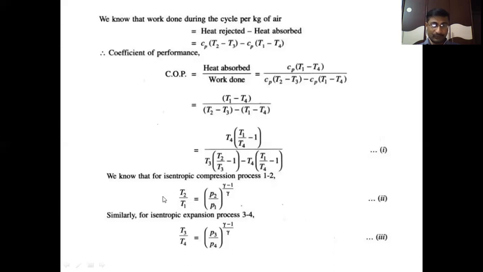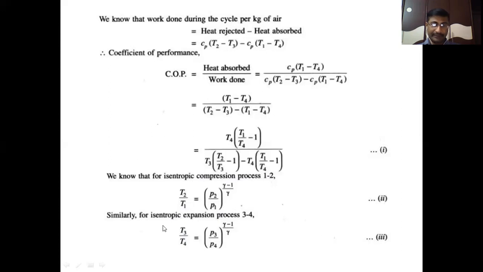This is the adiabatic rule. Similarly, for isentropic expansion process 3-4, T3 by T4 equals (P3 by P4) to the power (gamma minus 1) by gamma. These are the adiabatic rules for the isentropic process. The first one is equation 2, and this is equation 3.